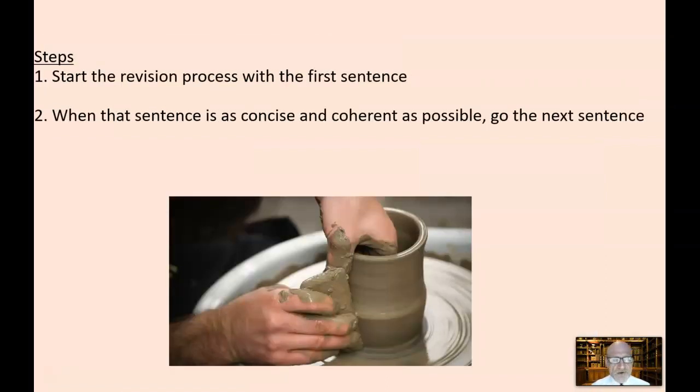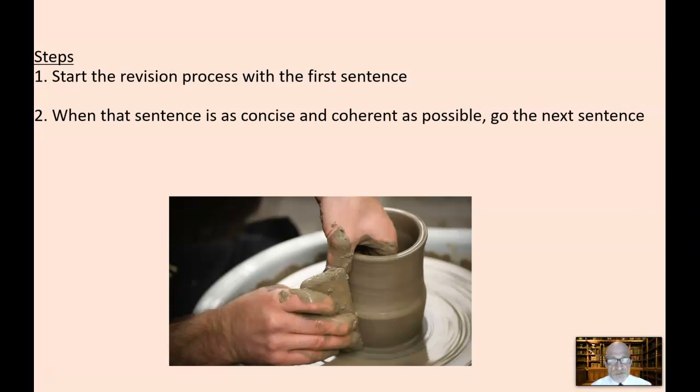So here are the steps for revision. This is exactly how you do it. You've got your whole thing there. You've got your first draft. Revision starts with the first sentence. Focus only on the first sentence. Make sure that sentence makes sense, that you're using as few words as possible, and that it's concise.